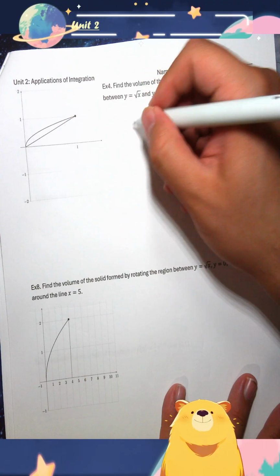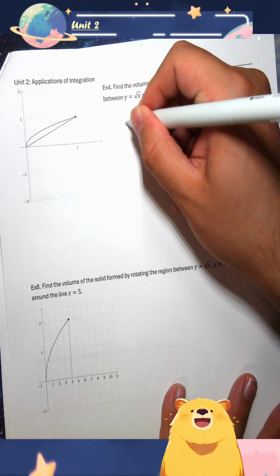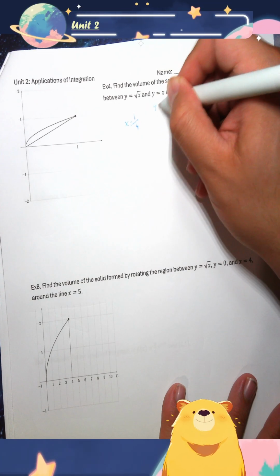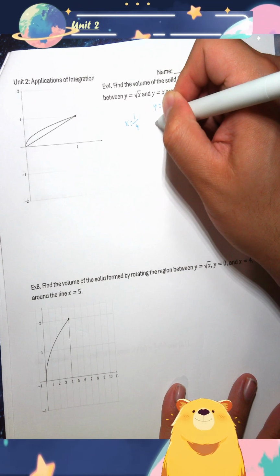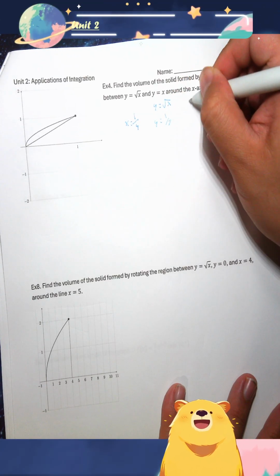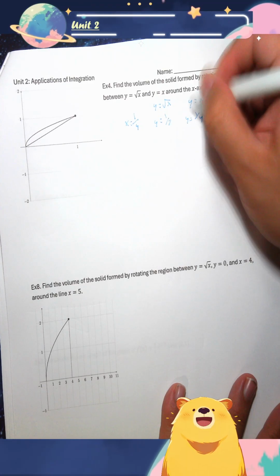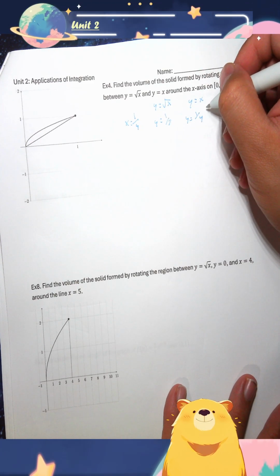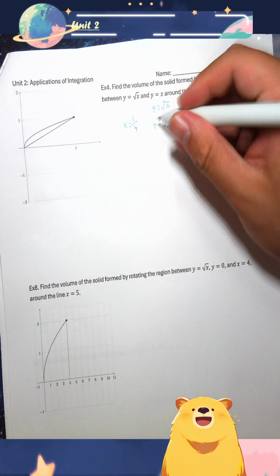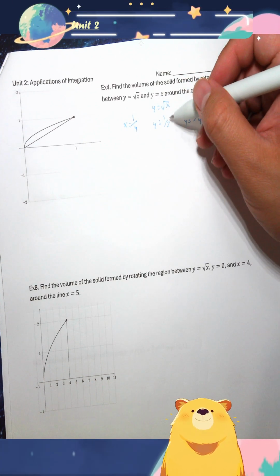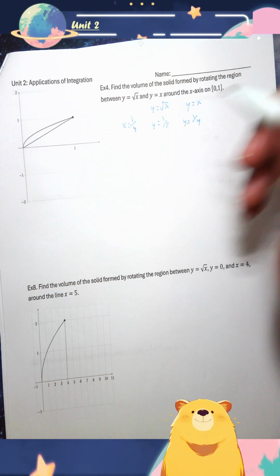Let's pick x equals 1 over 4. The square root of x is going to be 1 over 2, and x is going to be 1 over 4. So for sure, this one is going to be below this one. The square root of x is on the top, because 1/2 is greater than 1/4.